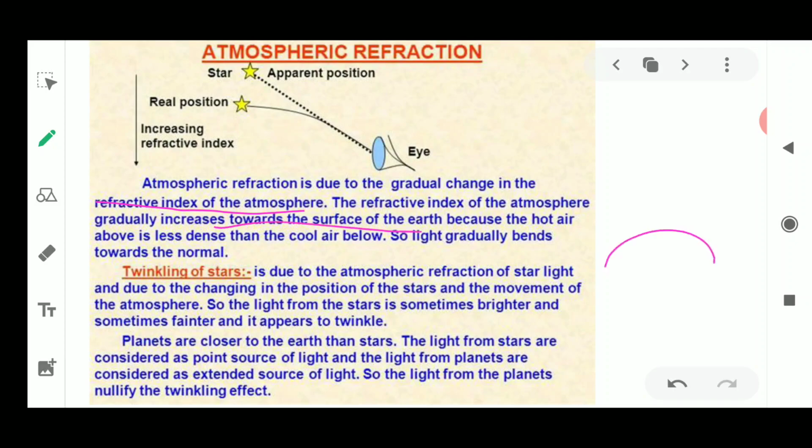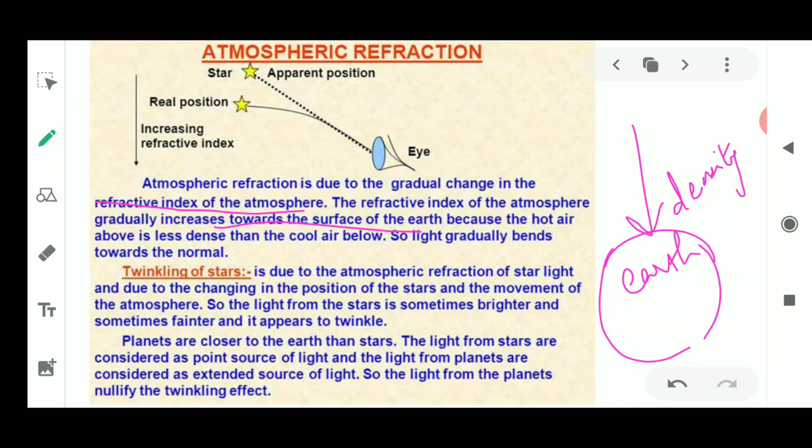Suppose that this is the earth's surface. When you move towards the earth's surface, the density is going to change. The layers very close to the earth's surface are highly dense.